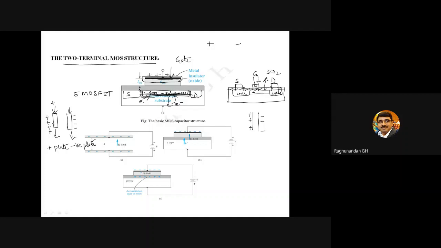The same thing happens in a capacitor. Do you think in the capacitor plates the charge will flow from this plate to this plate? If you take two metal plates, one positive and the other negative, do you think the charges will flow in the air and move to the other terminal?